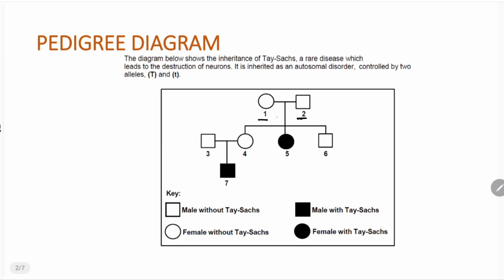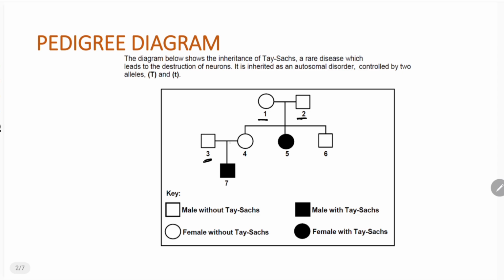How many children exactly did individual 1 and individual 2 have? They had 3 children, represented by individuals 4, 5, and 6, right? A person may ask, why is individual number 3 not counted as an offspring of individual 1 and individual 2? If we look closely, individual 3 is connected to individual 4 by this horizontal line, which we said simply represents that they are parents, a couple.